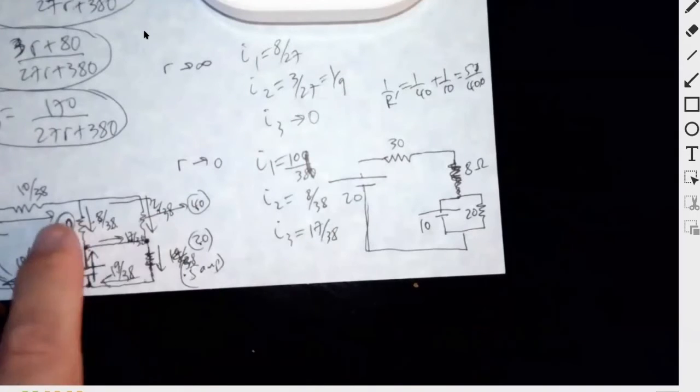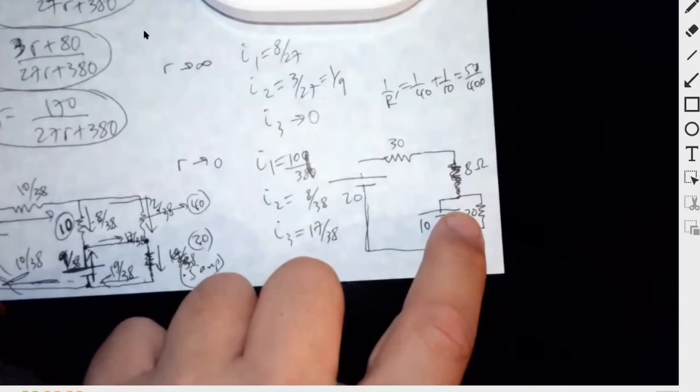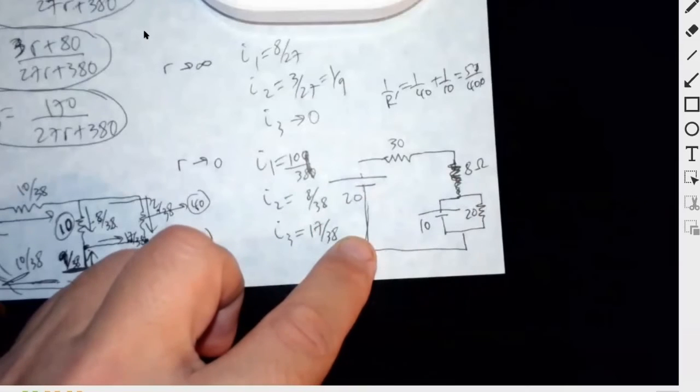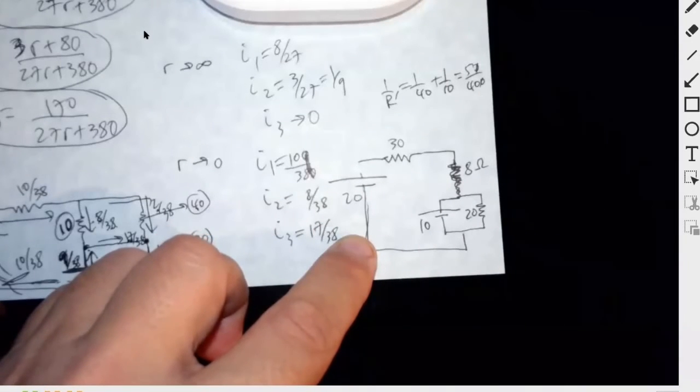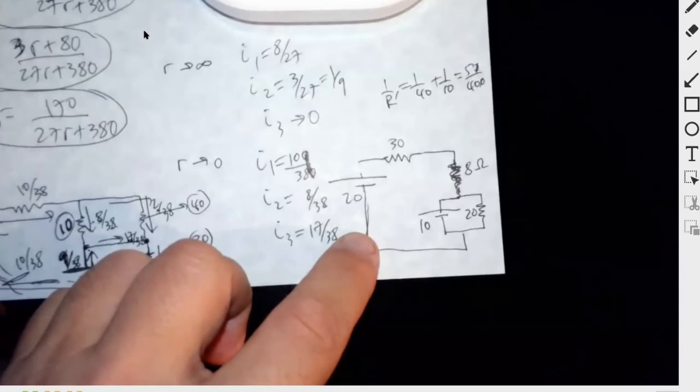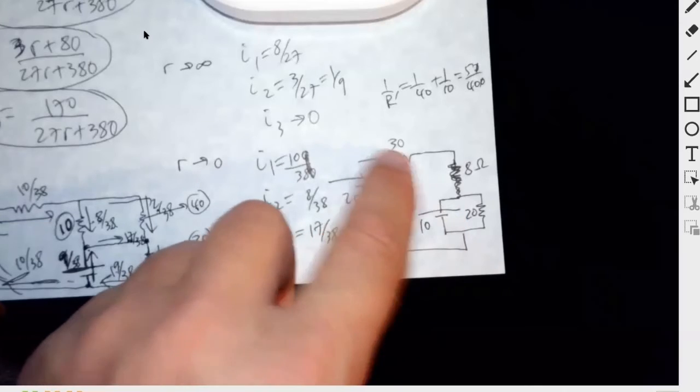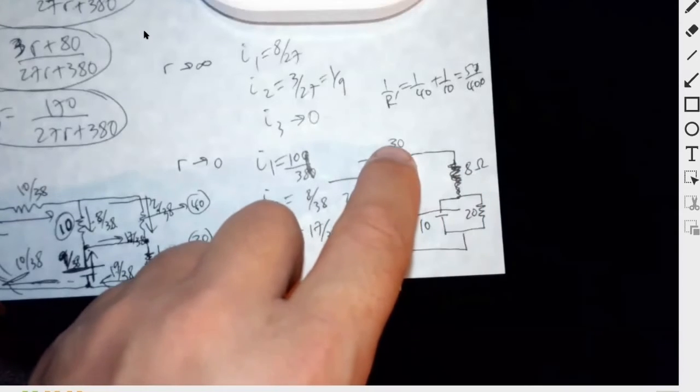Can we reduce this to that? And now can we solve this without needing Kirchhoff's loops? Well, let's see here. This 8 is in series, huh?